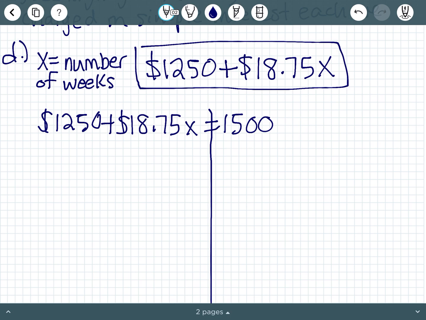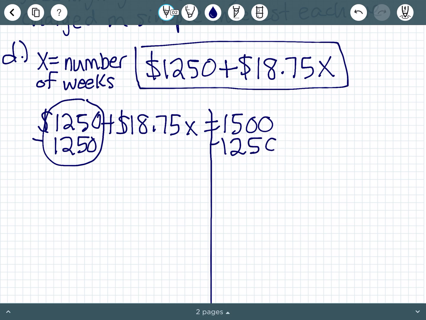So now we've got our equation, so we can go ahead and solve. So what I'll do first is subtract 1,250 from this side. I'm going to do the same thing over here. Now on the left, I'm left with $18.75 times x equals 1,500 minus 1,250 gives me 250. To get x by itself, I'm going to divide by 18.75.